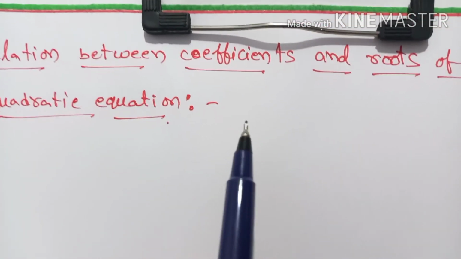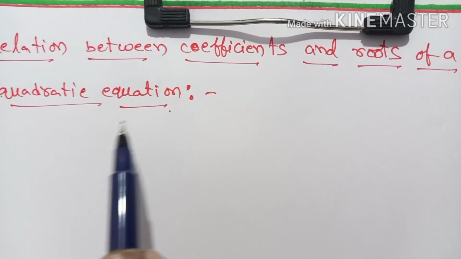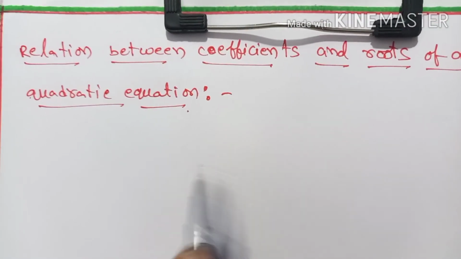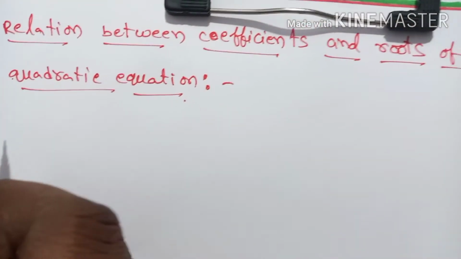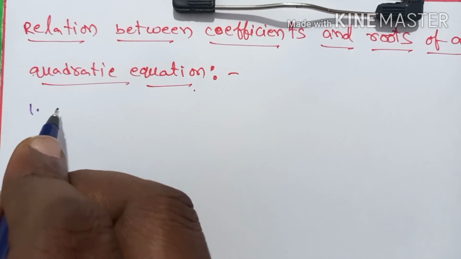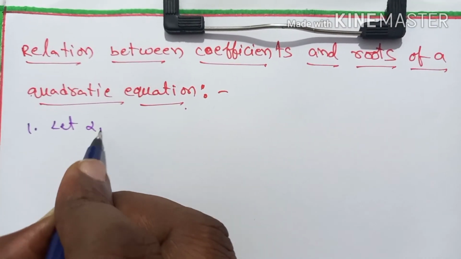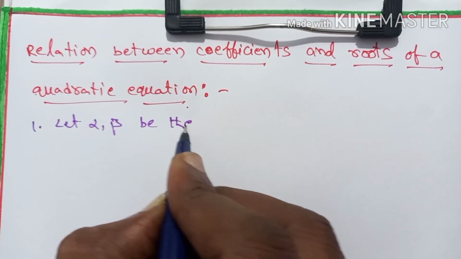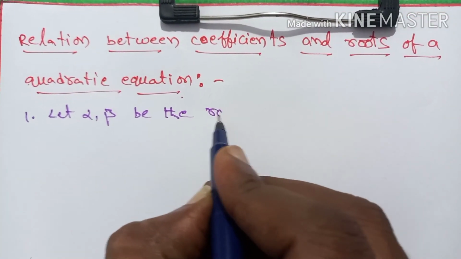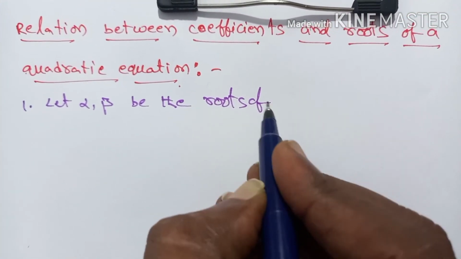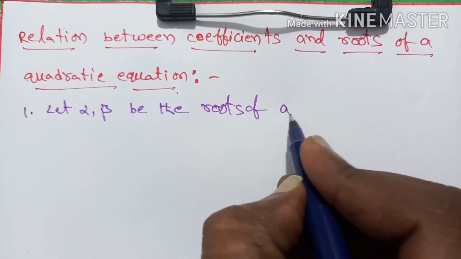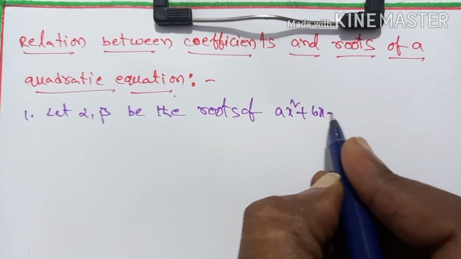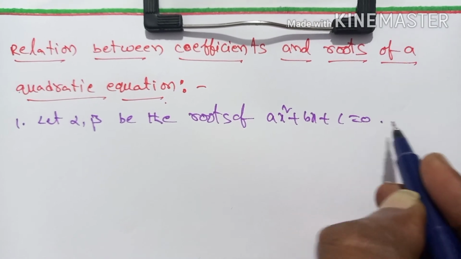Relation between coefficients and roots of a quadratic equation. Now the first one: let alpha, beta be the roots of ax square plus bx plus c equal to 0.